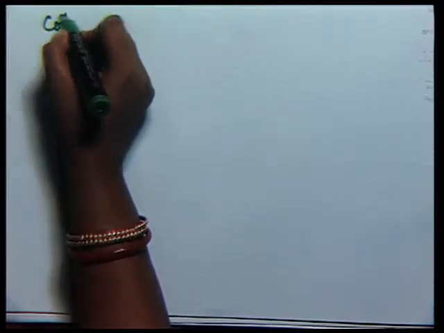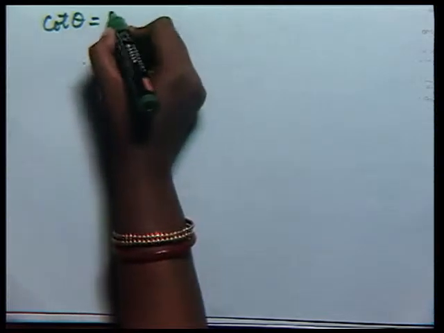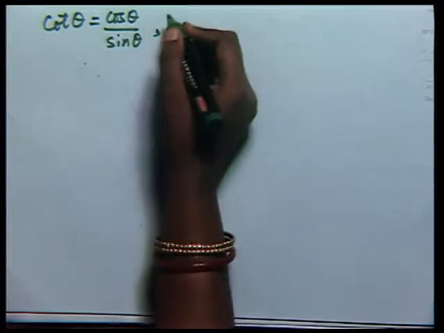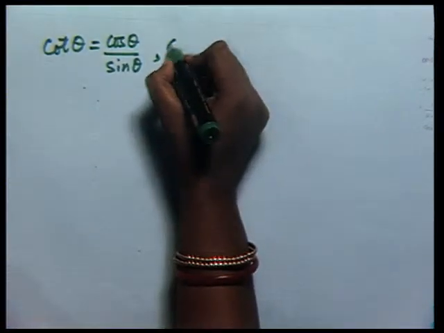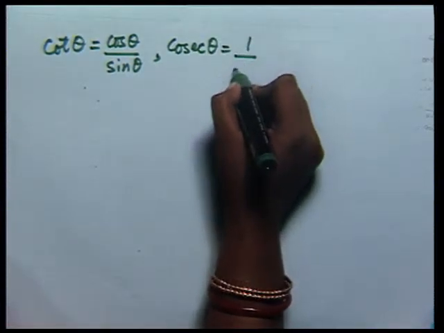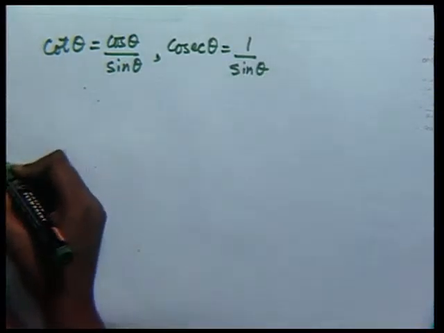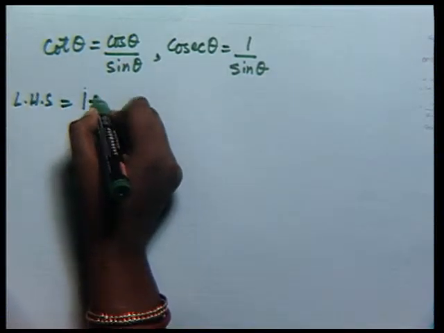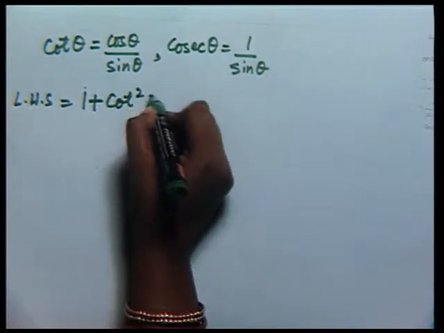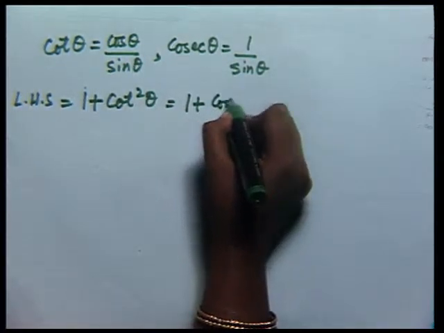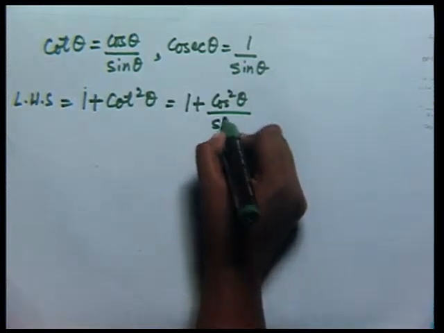For any other angle theta, we know that cot theta is equal to cos theta upon sin theta and cosec theta is equal to 1 upon sin theta. Now, the left hand side of the equation is 1 plus cot square theta, which can be written as 1 plus cos square theta upon sin square theta.